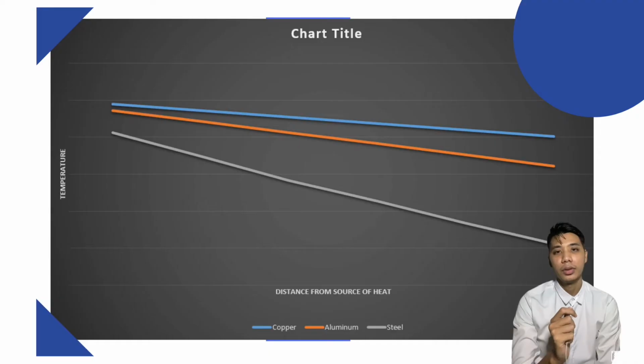For the results and analysis, what I can translate from the graph shows a descending line, where the farther the distance from the heat source, the lower the temperature, and it is recorded as the lowest temperature at the end of the wire.